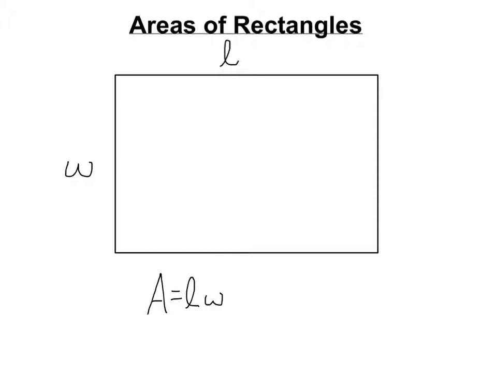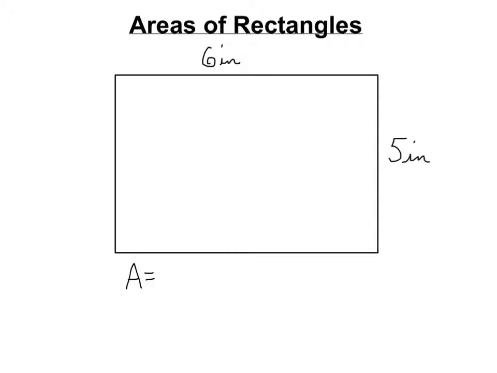Moving on in 3, 2, 1. So let's apply this to an example. Let's say we had a figure where the length is 6 inches and the width is 5 inches. Well, we know that area equals LW, length times width.